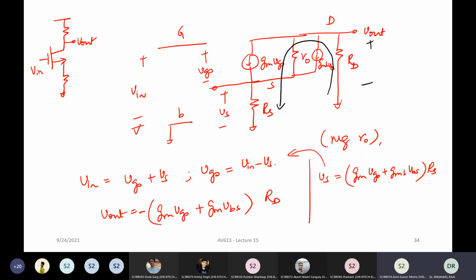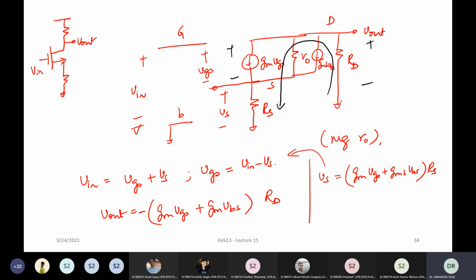But we are taking the output voltage only across RD. Okay, fine. You're partially right in the sense that Vout will be equal to VS plus the voltage across the drain and the source.